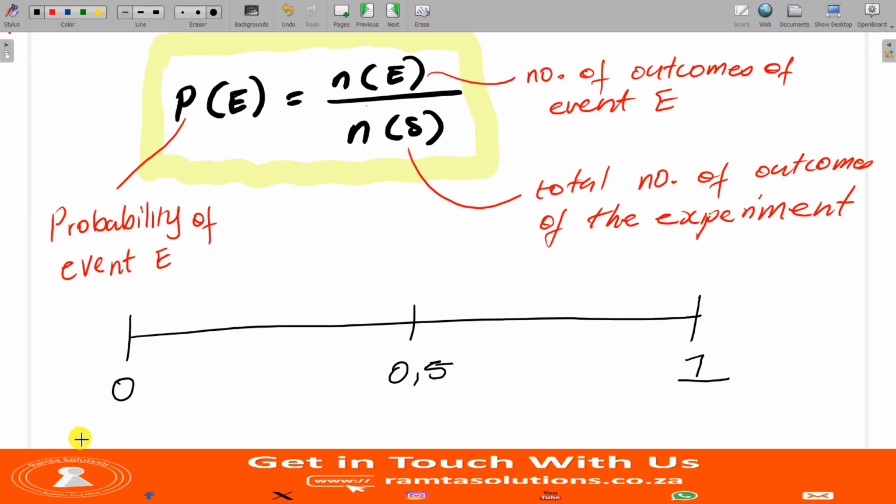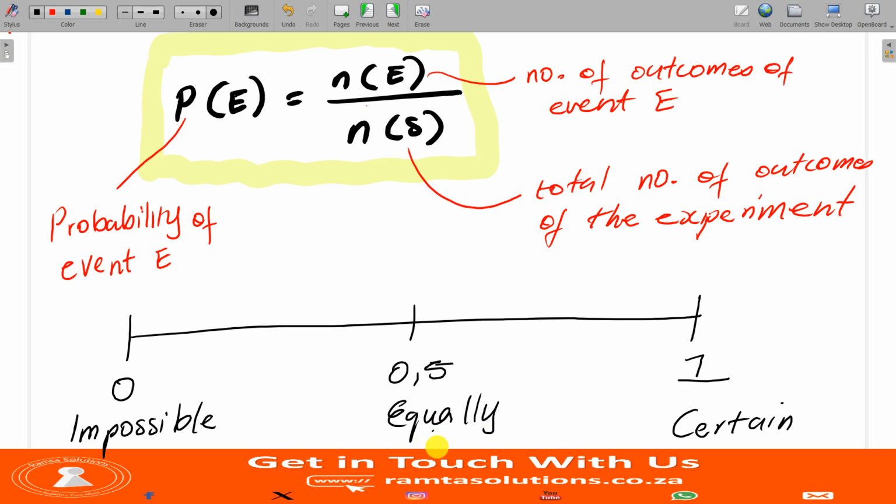It means this event is impossible to happen. When it is 1, it means it is certain to happen, no matter what. When it's 0.5, it is equally likely to occur.